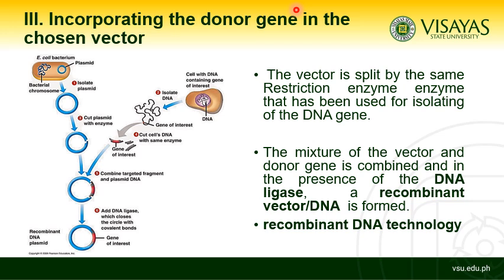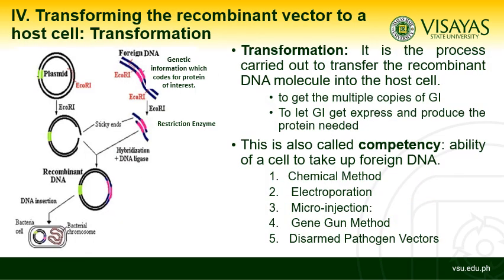So tuha siya ka set of genes that are coming from different nga mga species or different nga mga organisms, and they are fused together. Then they are now called recombinants by the technology recombinant DNA technology. Okay, for the fourth step of gene cloning, the fourth step is the transformation of the recombinant vector to a host cell.